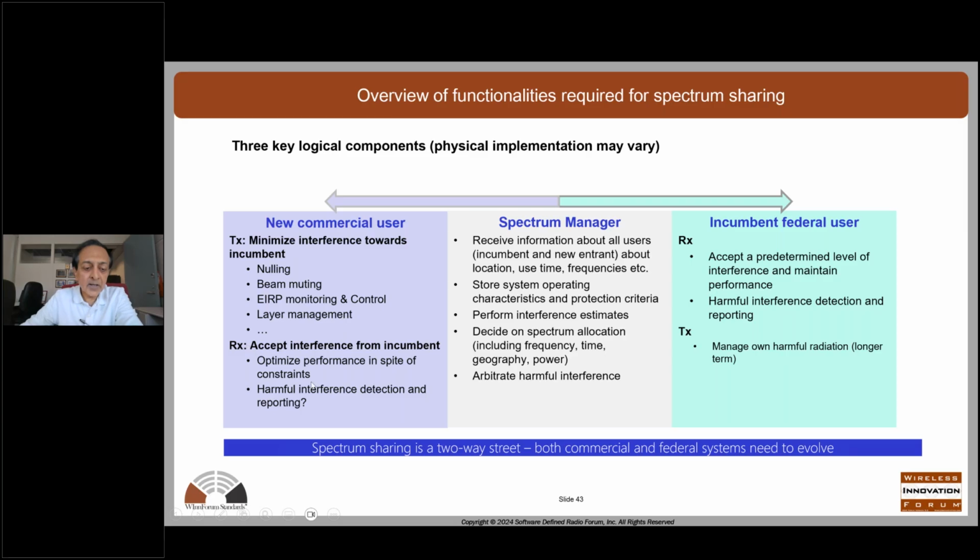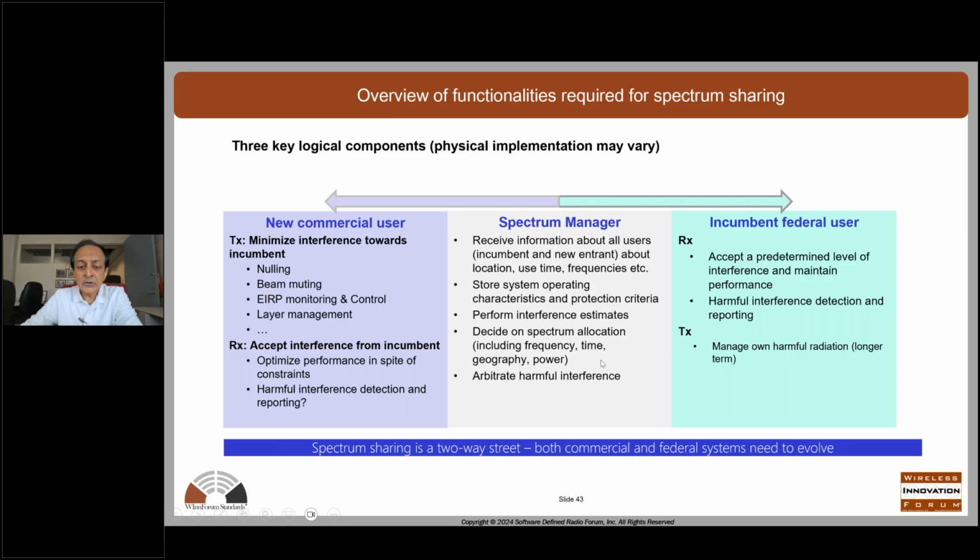And on the receive side, they have to accept some level of interference from the incumbent, and they'll still have to optimize performance in spite of the constraint. There may also be an option, or at least you'll see some motivation, for detecting harmful interference and reporting it. So there could be some sort of a back and forth. I'm going to elaborate on this a little bit later on.